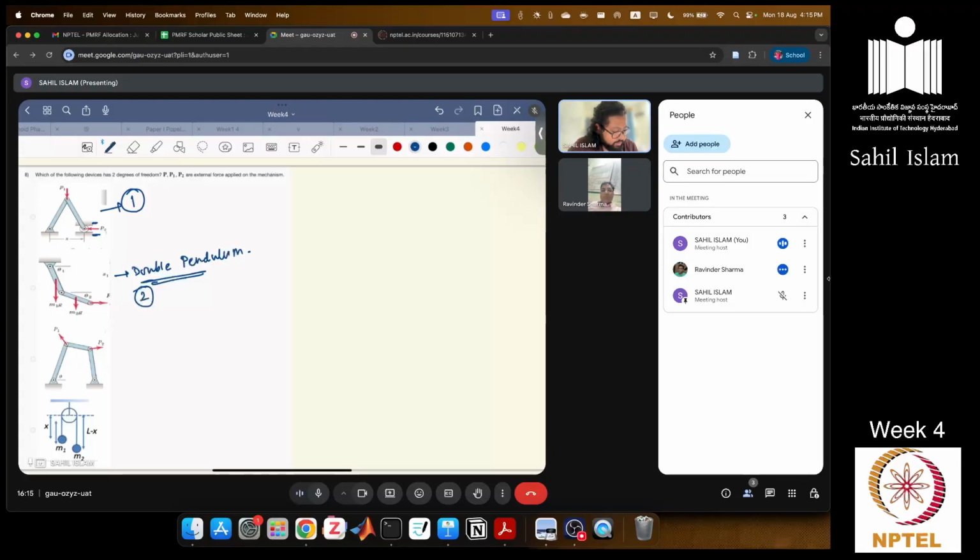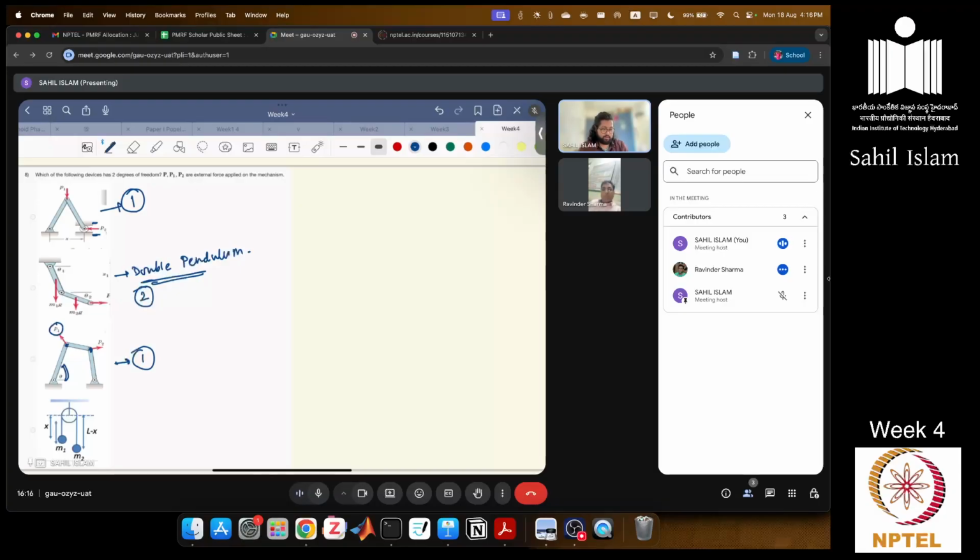Similarly, this third one and this first one are quite similar. If you can define this theta, you can define the position of these points and how it will change. So this also has one. Just this theta, if one changes, everything else changes.